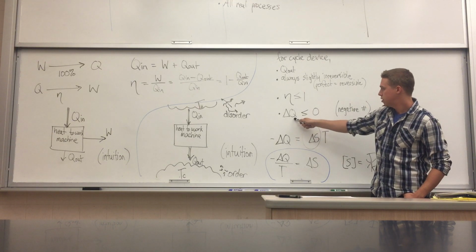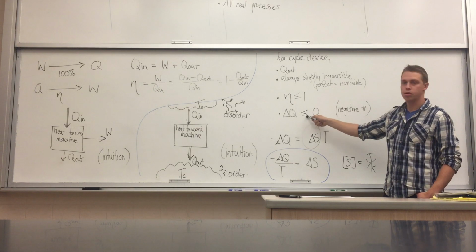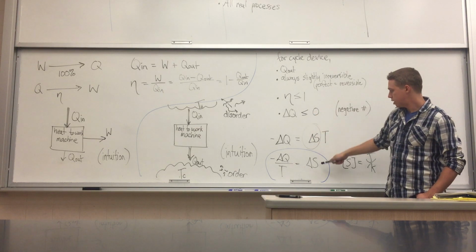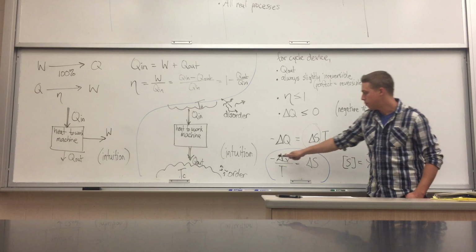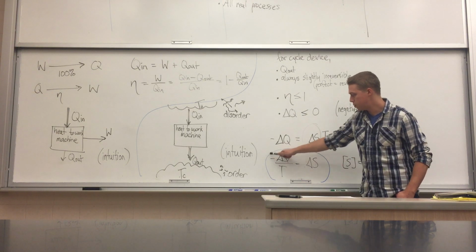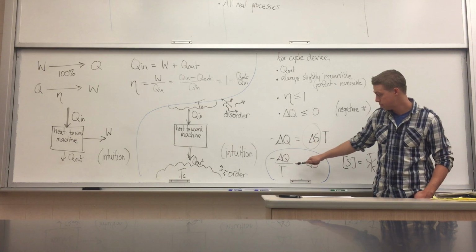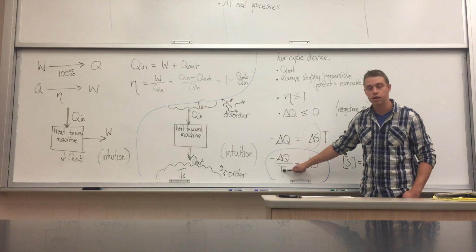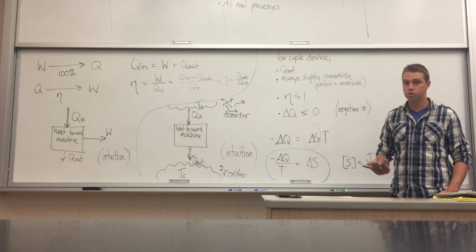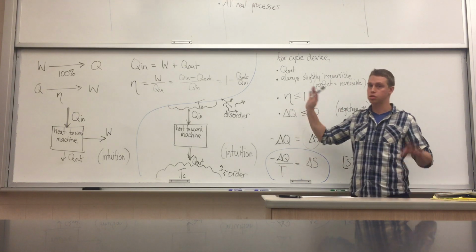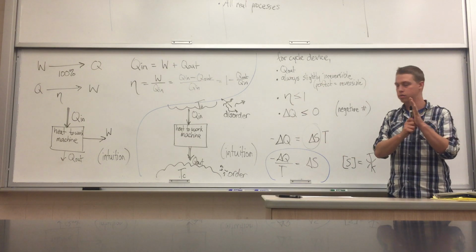Delta Q is always a negative number, right? Less than or equal to 0. Delta S is minus delta Q. So this part is always going to be a positive number. And T right here, well, that's a temperature in absolute scale. Don't get confused about that. Maybe I should have mentioned that earlier. We're talking absolute temperatures. They only go down to 0.